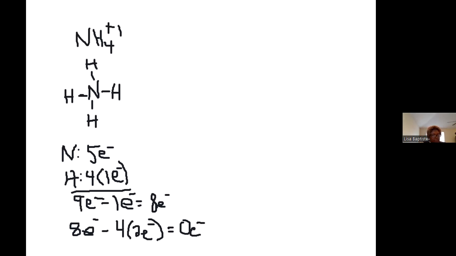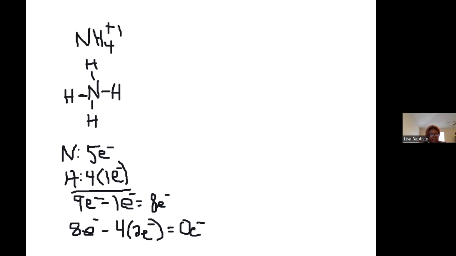Let me see if they talk about the duet rule in your information. I see that it really doesn't. It talks about the octet, so I'll just tell you what the duet rule is. It means that there are elements that are perfectly stable with just 2 electrons.